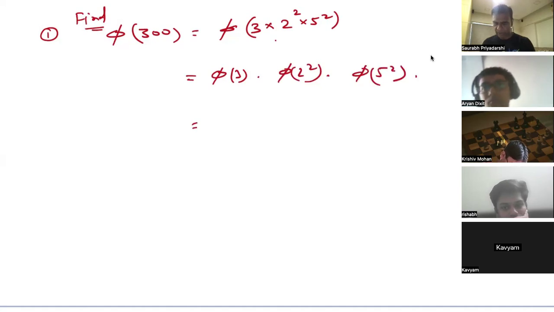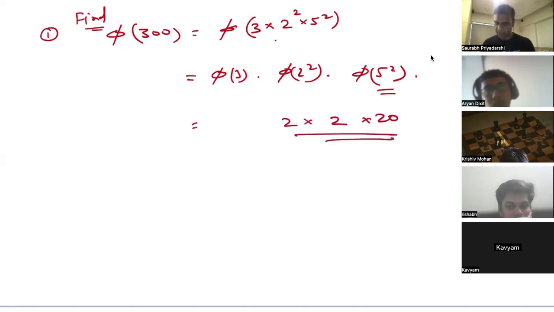For 5 square, it will be 20. This will be 2 square minus 2, that is 2. Total 80, everyone? Very good.